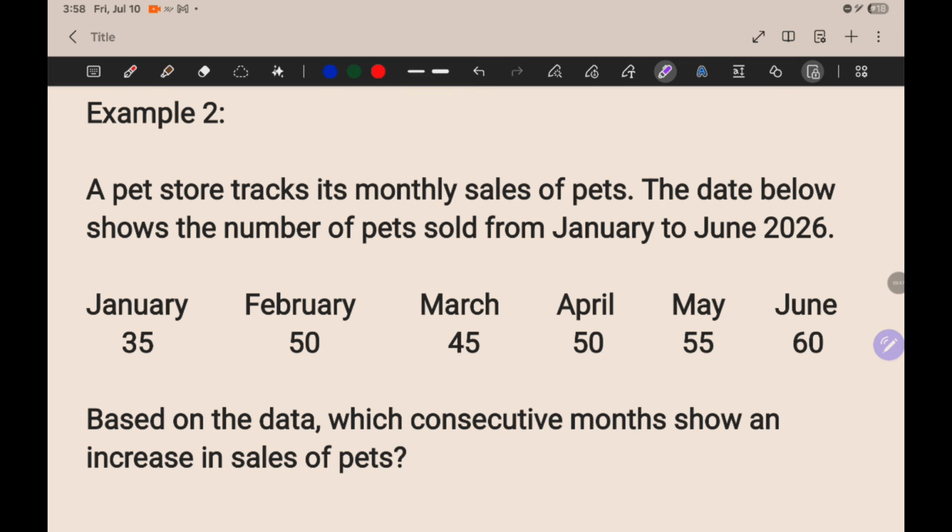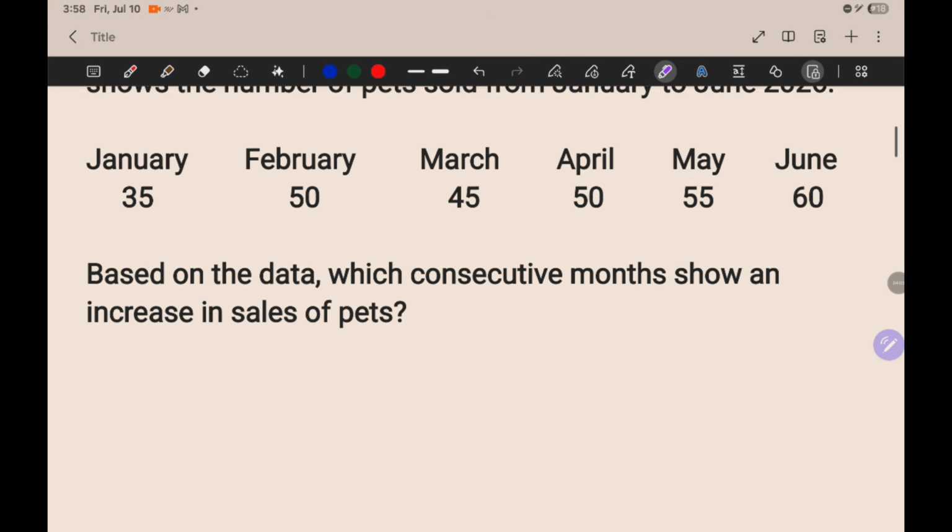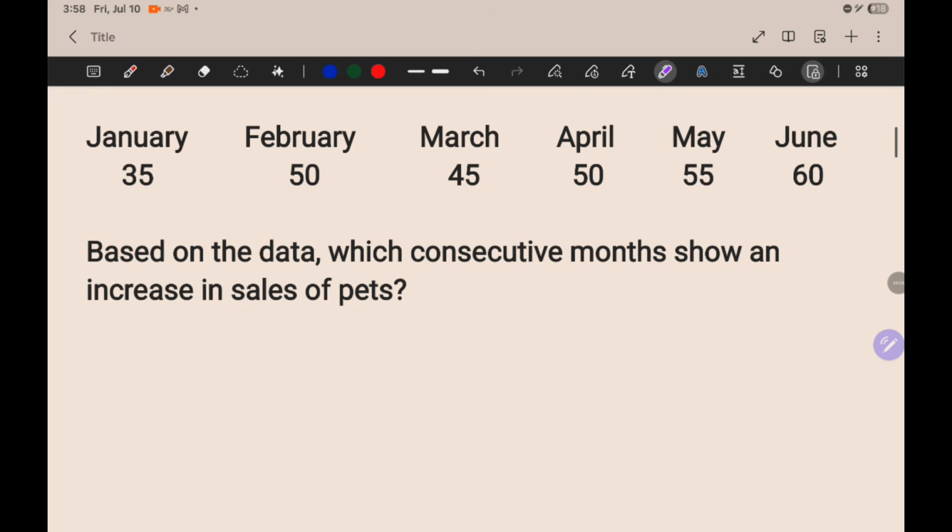So saan daw dito nagkaroon ng increase? Pag sinabi nating increase, ibig sabihin tumaas. If we take a look, saan ba dito may tumaas? Yung January hanggang February, kita naman natin na tumaas. Again, we're looking for the consecutive months, ibig sabihin magkasunod. That's 35 naging 50.